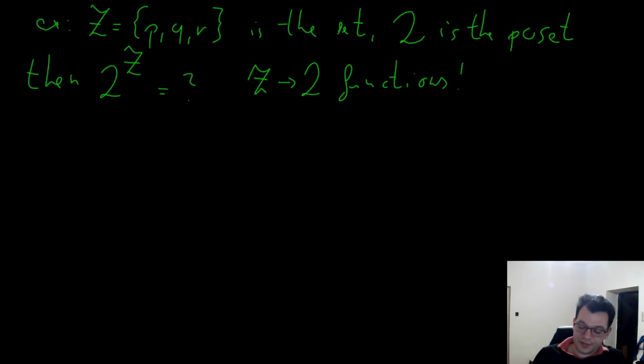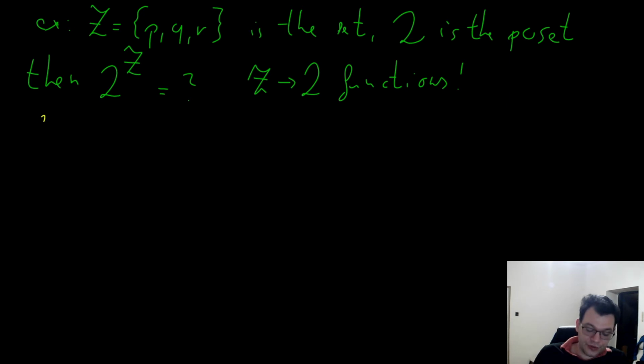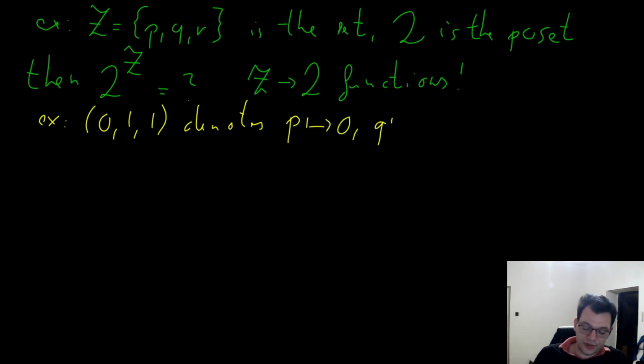So for example, in this case, I can write a vector for such a function. So for example, 0, 1, 1 denotes the function which maps 0 to p, 1 to q, and 1 to r. So the first place is for p, the second place is for q, and the third place is for r.